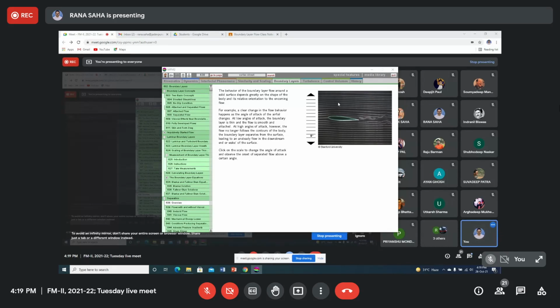Then the third point is the class test, because as per the academic calendar, we need to have one class test within this particular window. Typically, I talked with my co-teacher, and we are looking to take this particular class test next week. Typically, next Wednesday, if we fix 3rd.